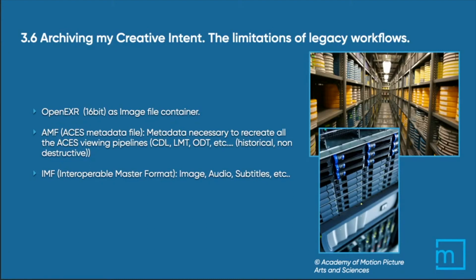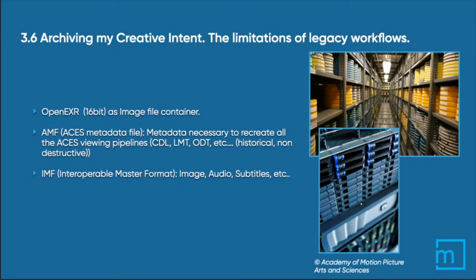Images are saved in a constrained version of the OpenEXR file format, which is the main image container for ACES, as an archive and to move files between facilities and so on. And then, newly introduced in ACES 1.2, we have the ACES Metadata File, or AMF, which is a sidecar XML file intended to exchange the metadata required to recreate any ACES viewing pipeline.